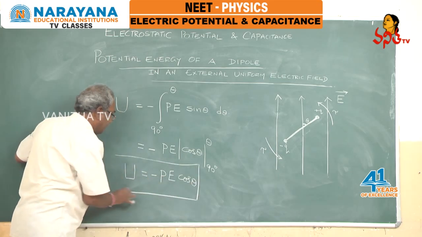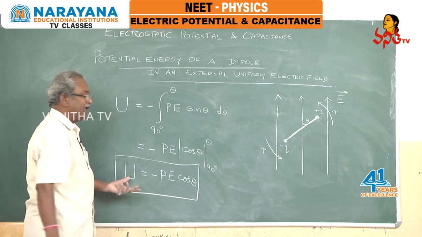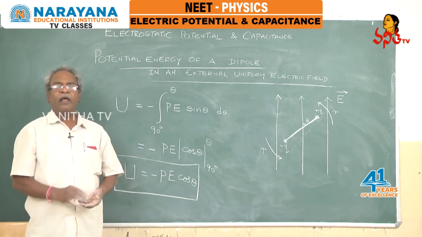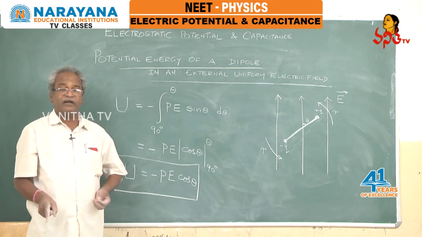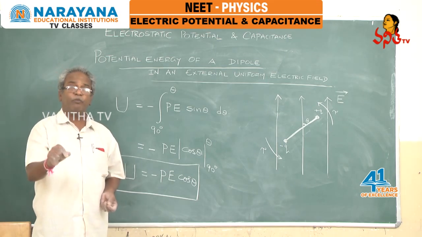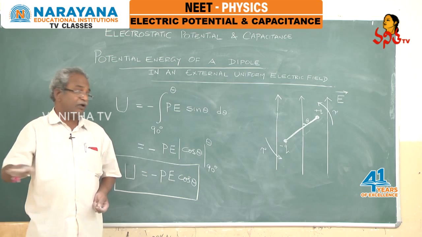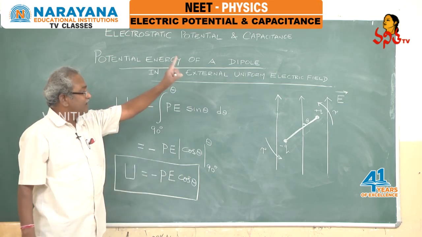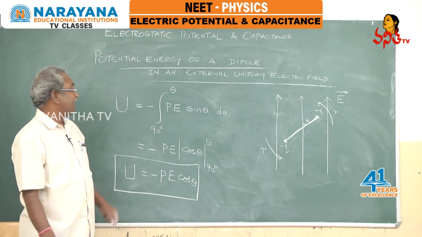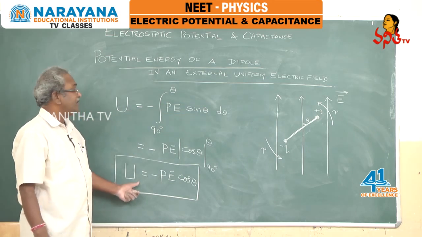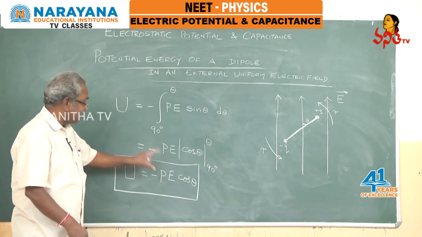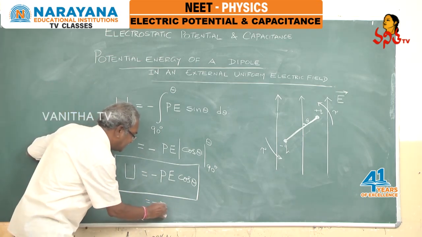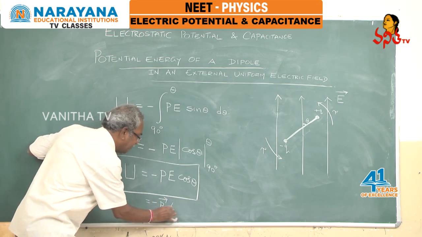So all of you note down one point here. I am speaking of absolute potential energy, but for that the reference is taken perpendicular to the direction of the electric field, taken as the zero potential energy position. With respect to that perpendicular position, at any position where the dipole is making an angle of theta with the field, the potential energy of the electric dipole can be expressed like this, and this can be written as minus P bar dot E bar.